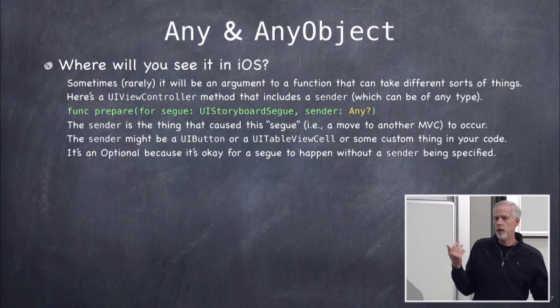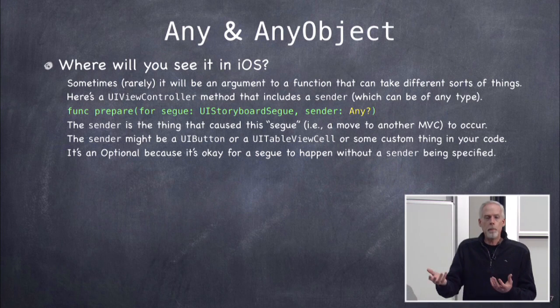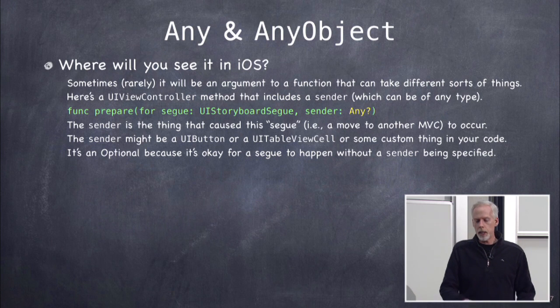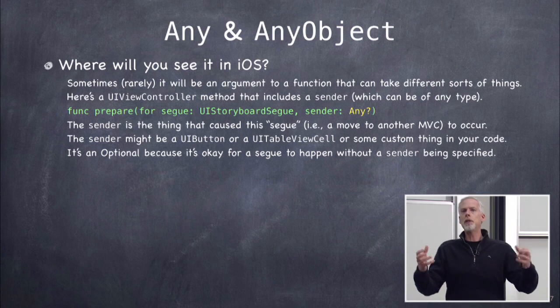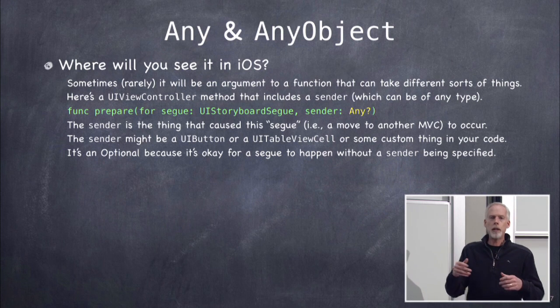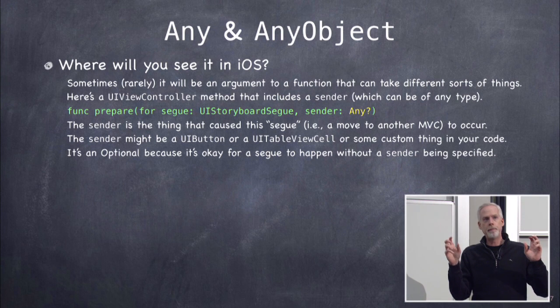Just like we had sender in the IBAction. So the sender is the one who's causing this segue to happen. Well, a button could be causing a segue to happen. A line in a table view could be causing it. Some custom piece of code of yours could be causing this MVC to segue. So when you're preparing for it, you've got to be able to say which one it was, and that's just Any.